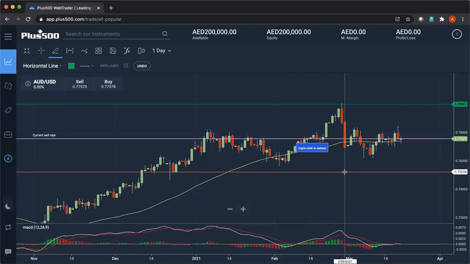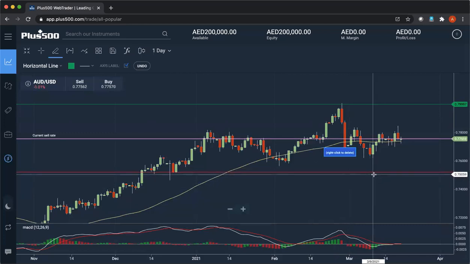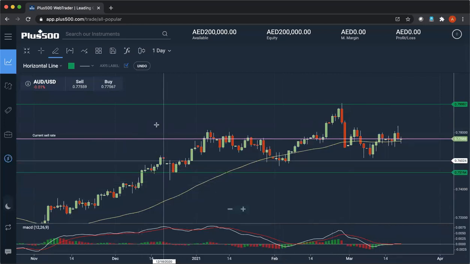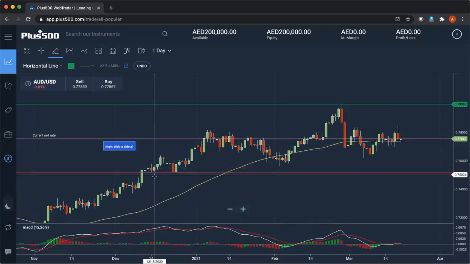So 75,200 is another IPL which I'm recognizing here. And you see in the daily chart how the price is going down and rejecting.